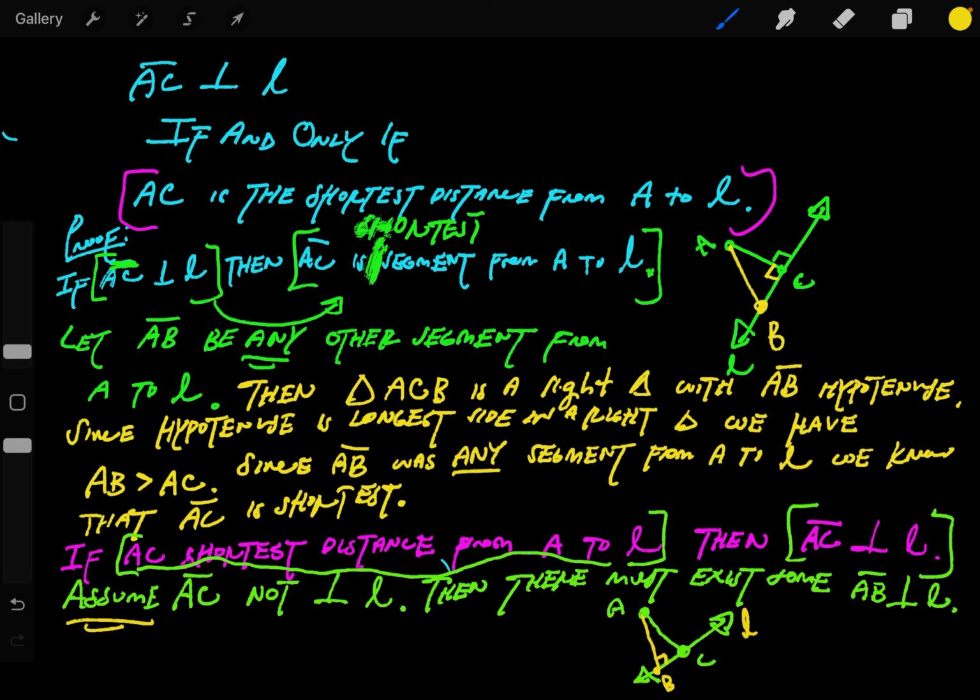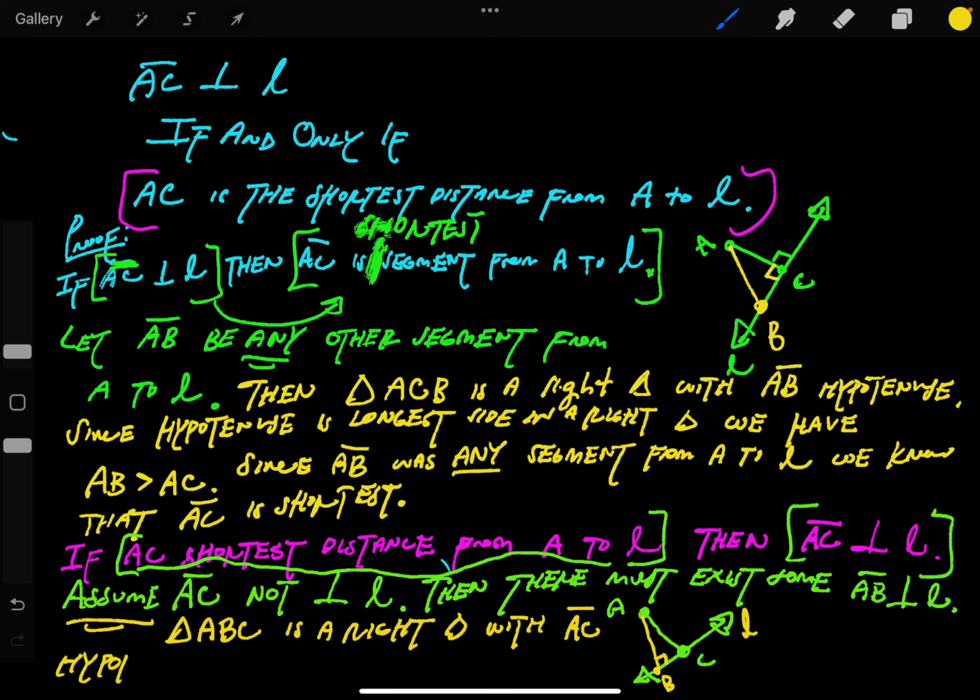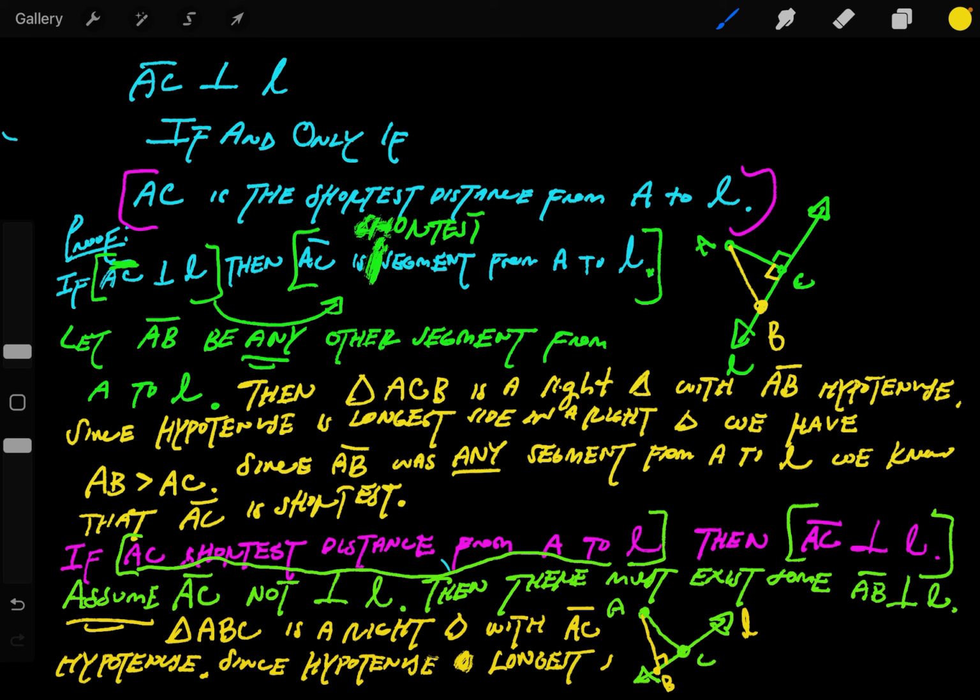And then that means that triangle ABC is a right triangle with AC as the hypotenuse. And we know the hypotenuse is the longest side.